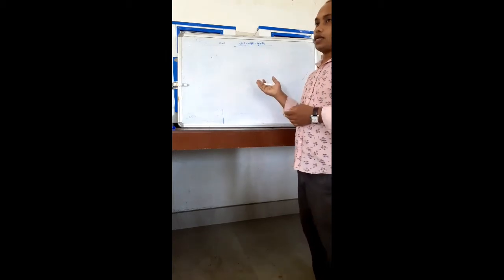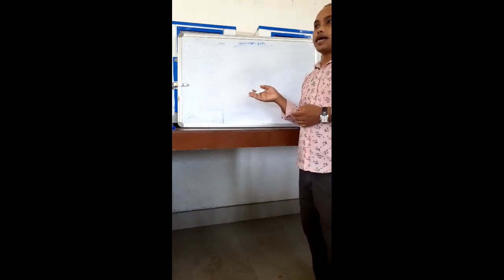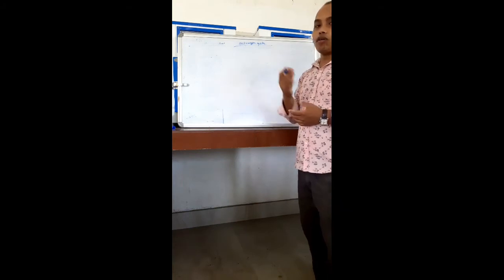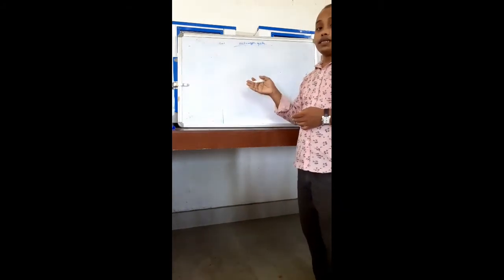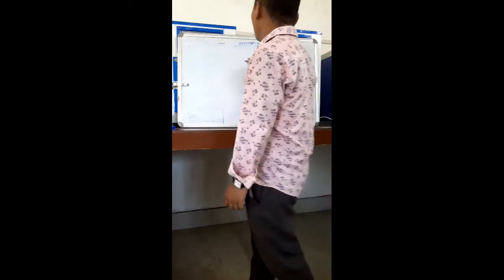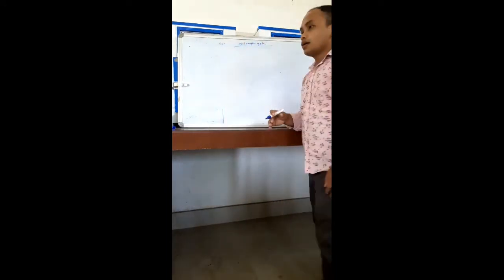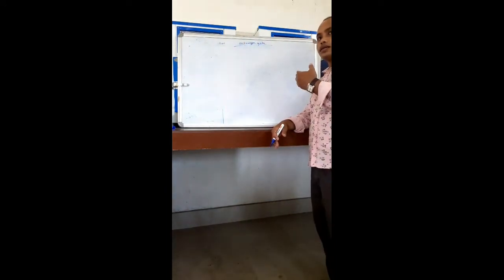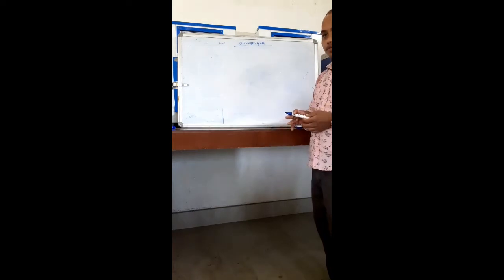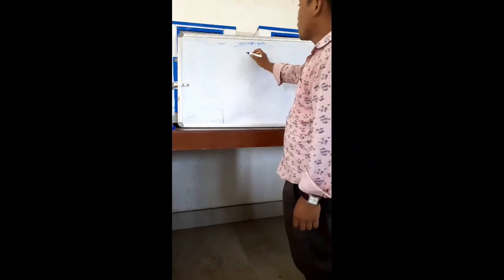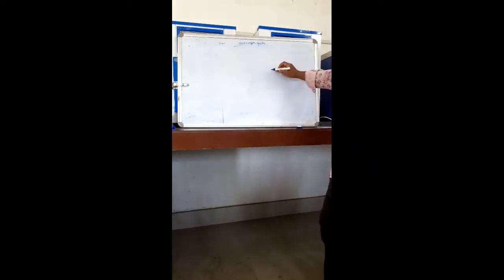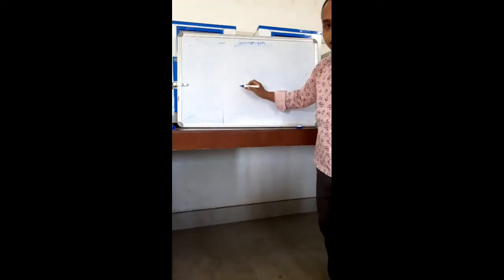In inorganic form it is found as ammonia and nitrate, and in the organic form it is found in amino acids, nucleic acids and so on. Nitrogen undergoes transformations, and this transformation can be shown with the help of a nitrogen cycle.